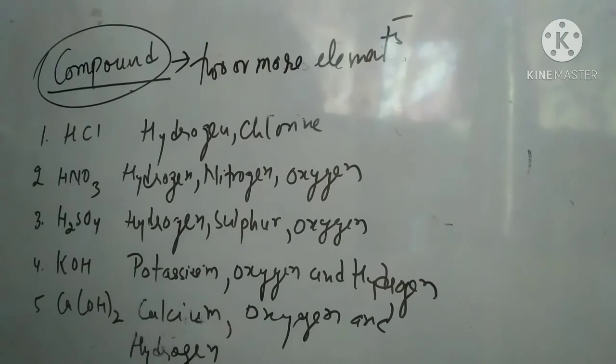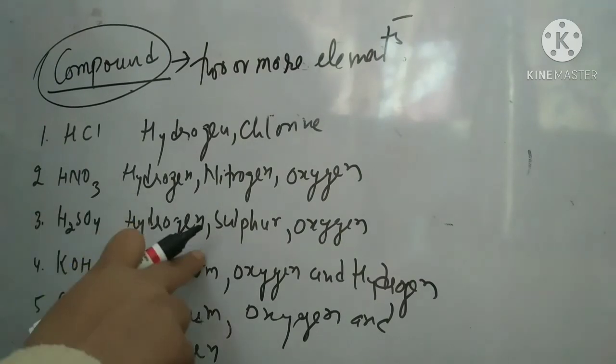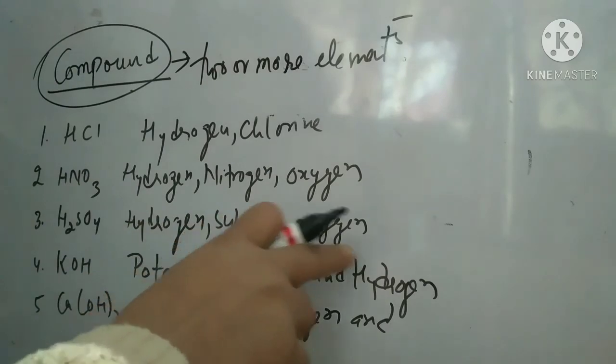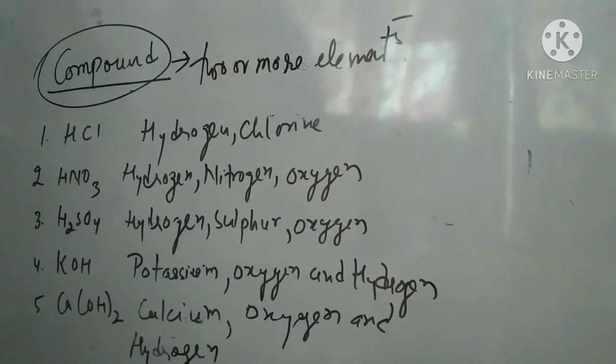The elements present in sulfuric acid are hydrogen, sulfur and oxygen. Then potassium hydroxide. Molecular formula for potassium hydroxide is KOH.